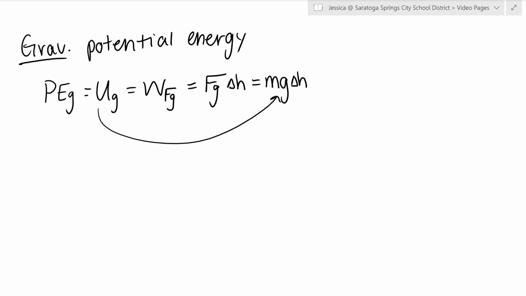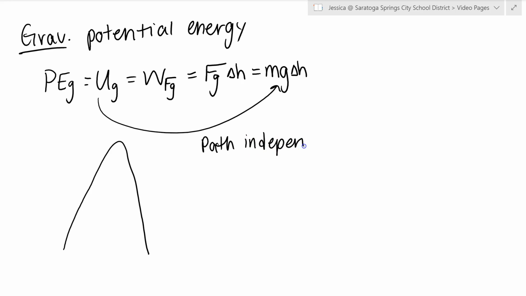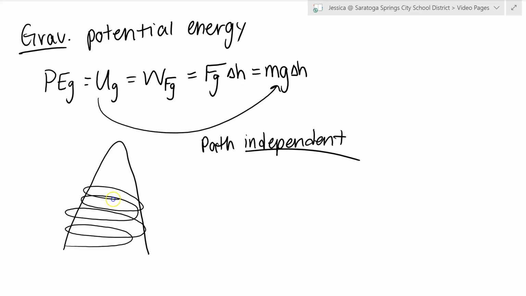Okay? If gravity is external, then this work is adding or subtracting from the total mechanical energy. Okay? Big thing to remember with gravitational potential energy is it is path independent. Okay? So it doesn't mean, this is a mountain, it doesn't matter if I climb the mountain like this and get to the top, or if I just straight shot right up, the change in gravitational potential energy is the same.